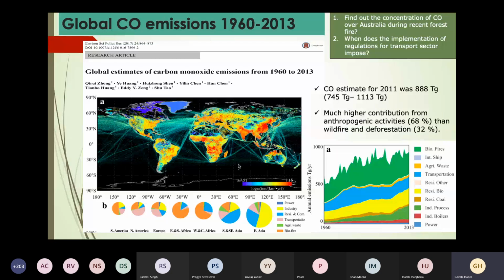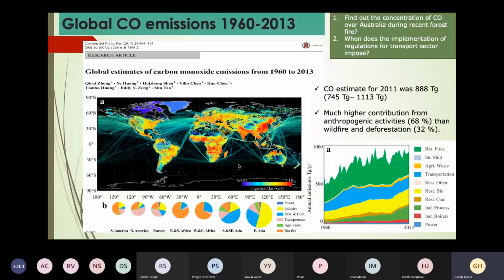In South America, biomass burning is the main contributor. Biofire, meaning forest fire, is the main contributor. Half of the total emission is from forest fire, and then around 30% is from biomass, the industrial sector, and similar from the transport sector.